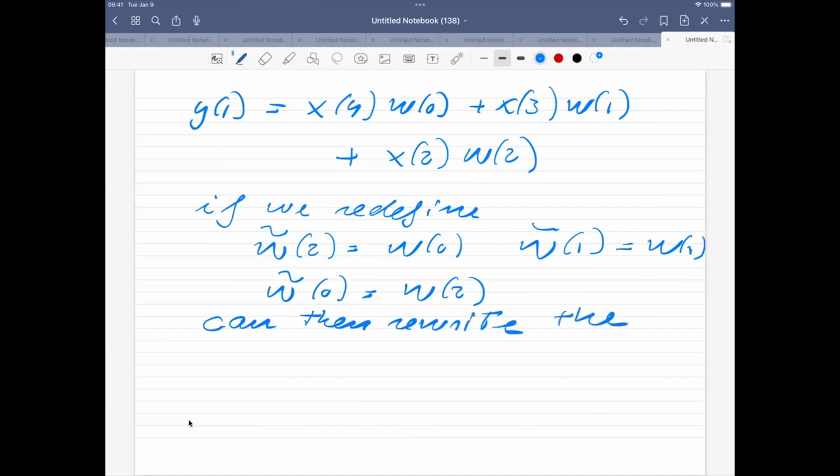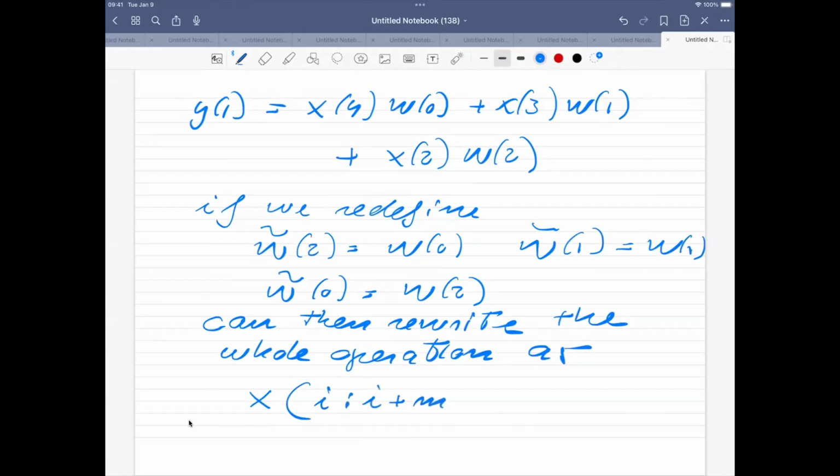the multiplication, or the setup of this convolutional product, the whole operation, as a vector x which now takes values from i to i plus m, like this. So we take out that specific part.